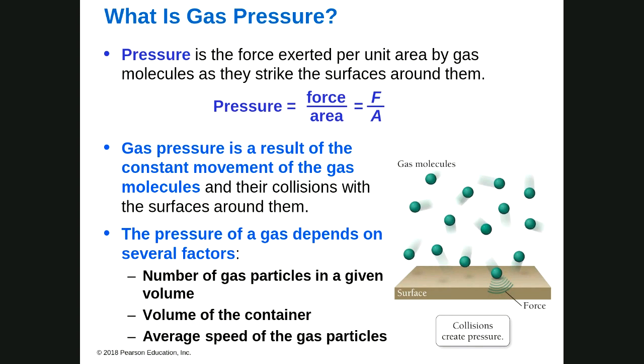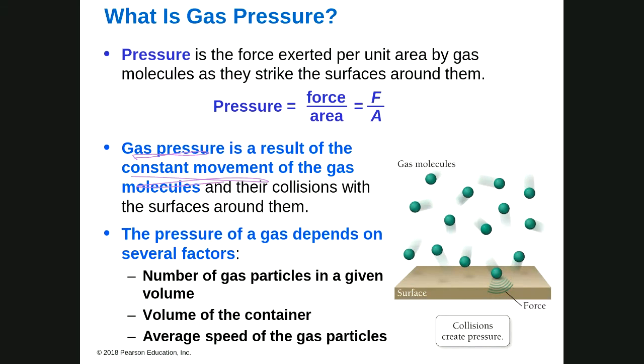By definition, pressure is force per unit area. As they are striking the surface or other gas molecules, the more force they exert within a certain area gives them a higher pressure. So if I do anything to speed that up or make those impacts stronger, then I'm going to increase the pressure. This gas pressure, as I said, is caused by the constant movement of molecules as they collide with things.